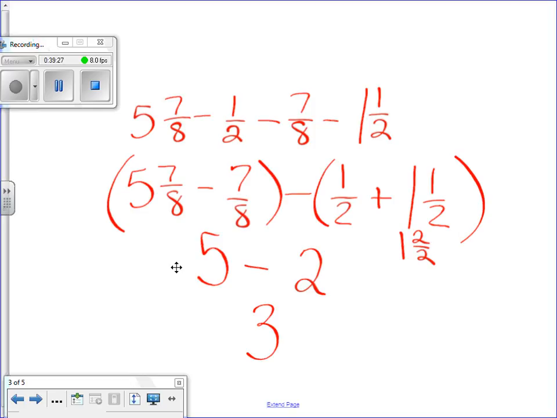So then this would be 5 3/8 minus 7/8 minus 1 4/8. 3 minus 7, you can't do that. So now you just have to do borrowing. This is now 4 11/8 minus 7/8. See why this is now harder than it used to be when that was super duper easy.